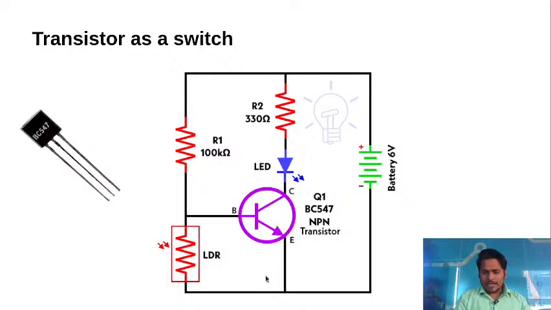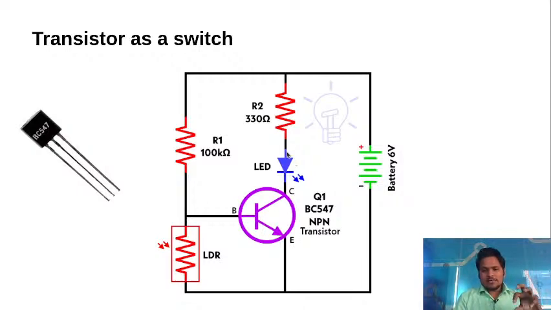So during the daytime, the transistor will be in open state and the LED will be off. But in the night time what happens? In the night time the resistivity of the LDR will be much higher, and it will not let the current pass through, and the voltage which comes at the base is sufficient to trigger the transistor, and it will turn on the transistor.